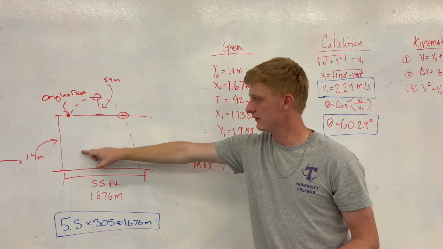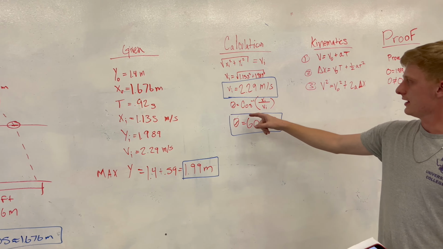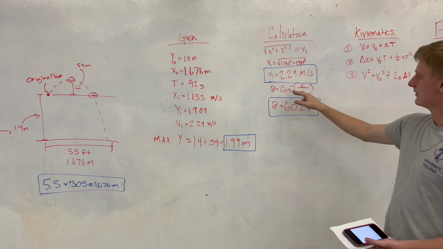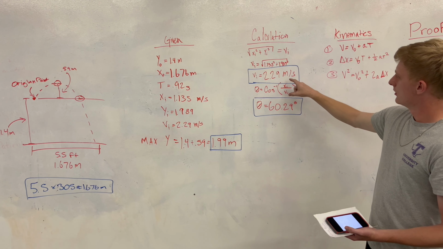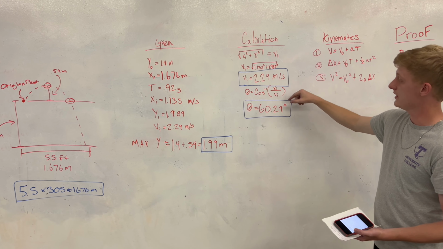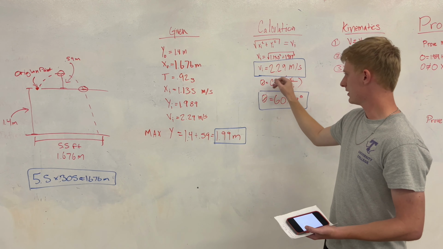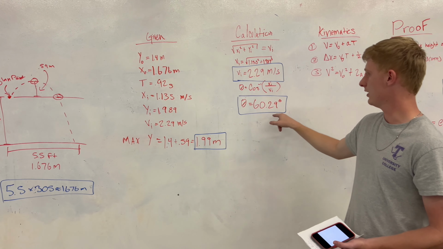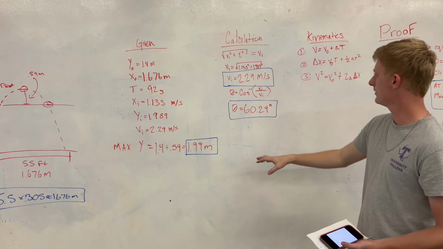So we just added 0.59 to 1.4 and got 1.99. For theta, the angle it was launched at, we used cos inverse of vxi over vi. So that's cosine inverse of 1.13 over 2.29, which got us about 60.29 degrees. And that was the angle it was launched at.